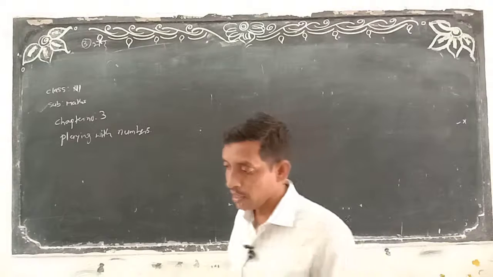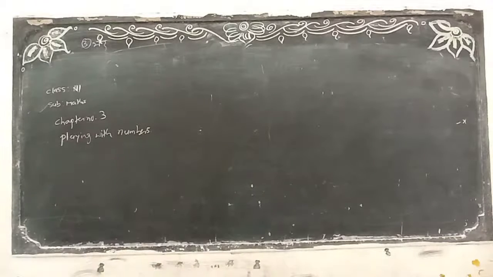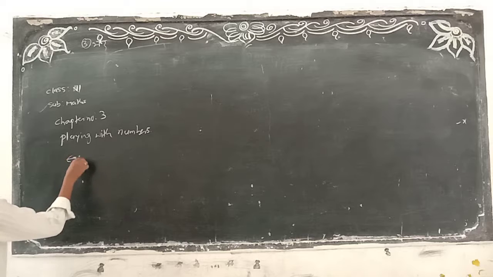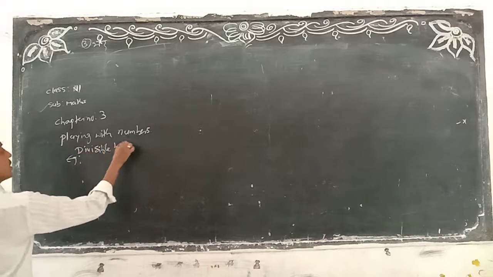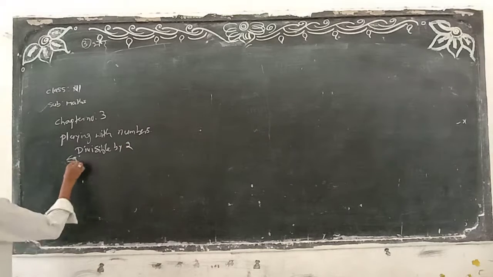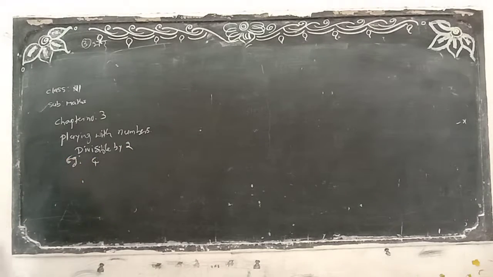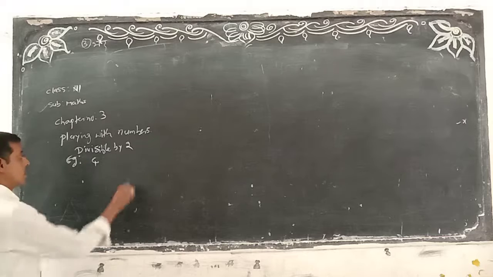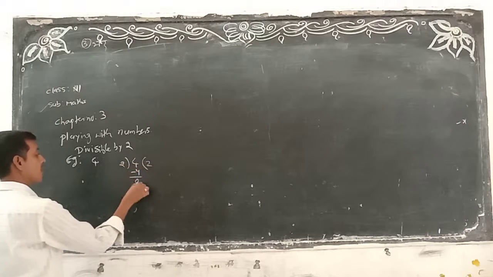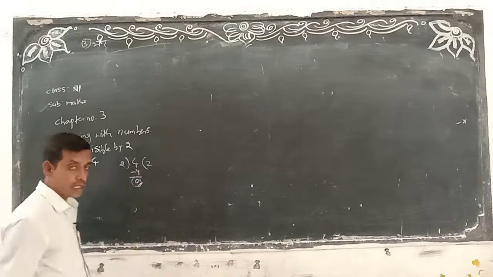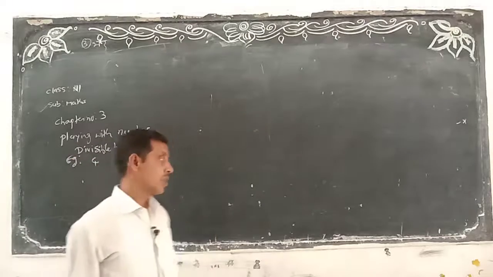That is called divisible by 2. For example, take 4. You divide 4 by 2, and the remainder is 0. If the remainder is 0, that is called divisible by 2.